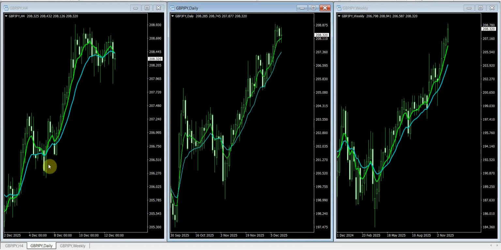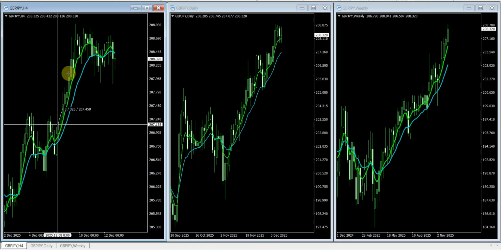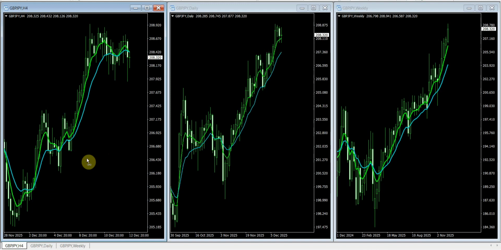So here you can see this is the H4, this is the daily, and this is the weekly. On the weekly, you can see the trend is up, the daily trend is up, and here you can see this is the zone that you would have been trading long on. And right now, you see price is moving sideways, right? But the overall trend is up, correct?